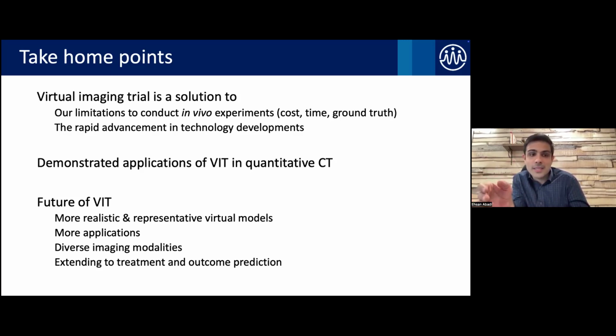And I hope that some of this CT quantification and diagnostics can be extended to treatment and outcome prediction. So it's not that we are only improving quantitative measurements, but through that we're also enabling more precise, patient-informed and patient-specific treatment plans, or helping with prediction of outcomes, and essentially helping with healthcare and patient care.